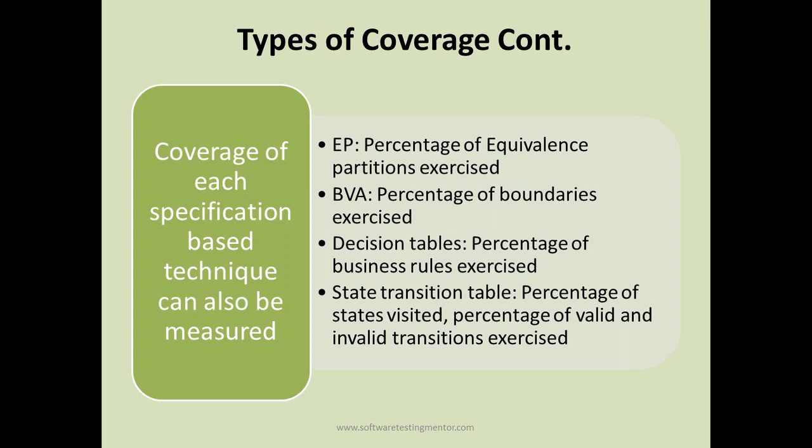For decision tables, percentage of business rules covered by the test cases. For state transition testing, the percentage of states visited and the percentage of valid and invalid transitions exercised by the test suite. These are some of the coverage measures of each specification technique that you can measure.